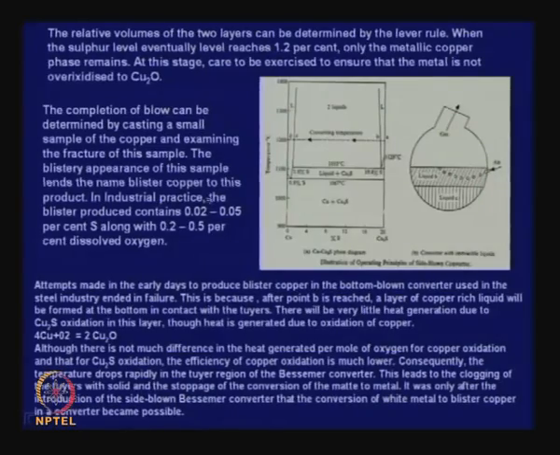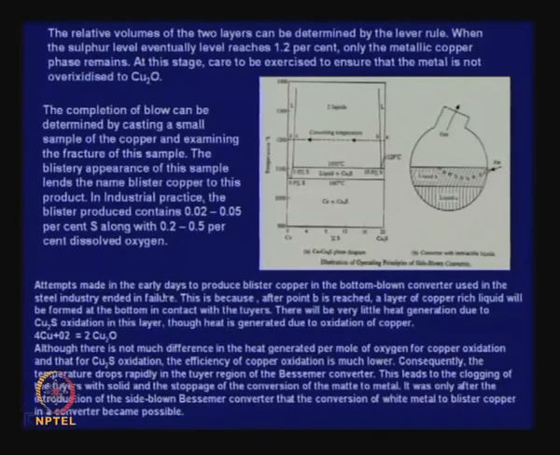In industrial practice, the blister produced contains 0.02 to 0.05% sulfur along with 0.2 to 0.5% dissolved oxygen. So, in the blister copper we are producing here, you will find there is always a bit of sulfur, and it will also contain some oxygen, because after all you are injecting oxygen.